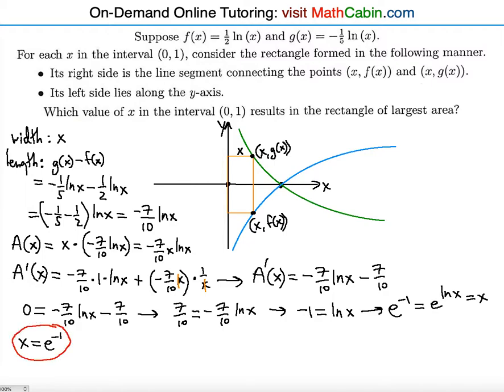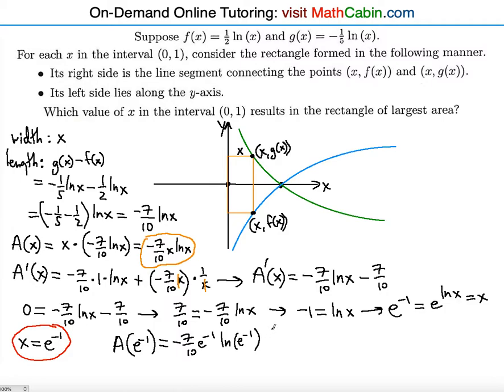So we're going to check this x value in the area formula. The area formula was this one, right? That was the area formula. So let's check it inside the area and see what we get. So area as a function of e to the negative 1 is going to be negative 7/10 e to the negative 1 times ln of e to the negative 1. Okay? So now what is that going to give us?